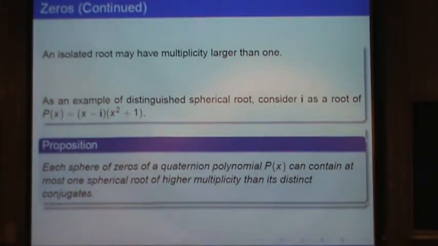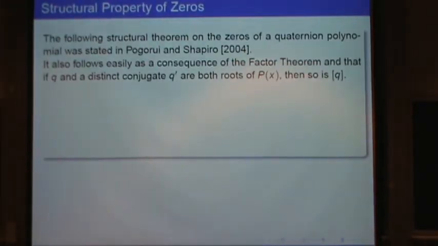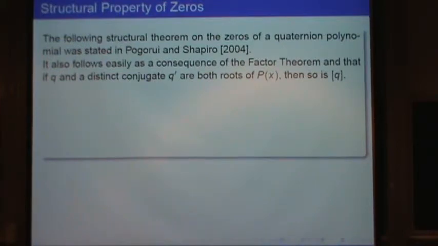Each sphere of zeros of a quaternion polynomial can contain at most one spherical root of higher multiplicity than its distinct conjugates. Structure of zeros. This structural theorem was proved by, I'm not sure how to pronounce it, Pogorui and Shapiro in 2004.